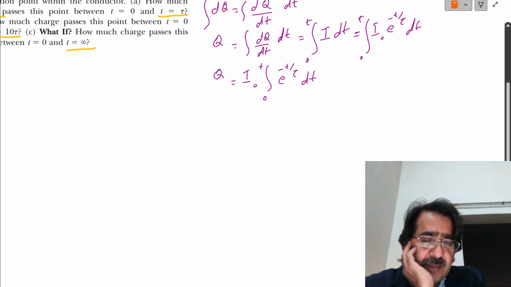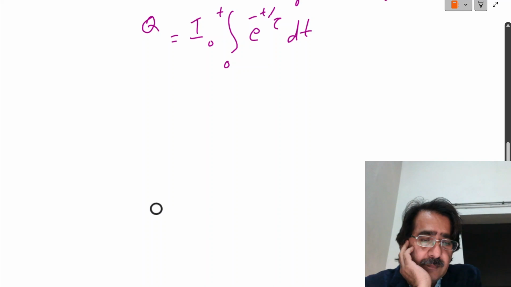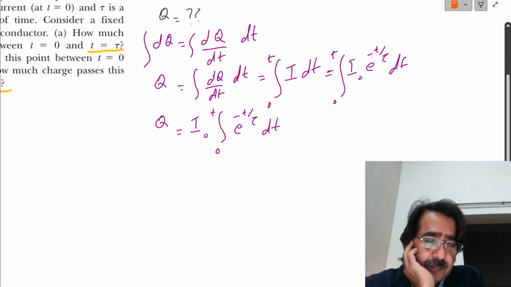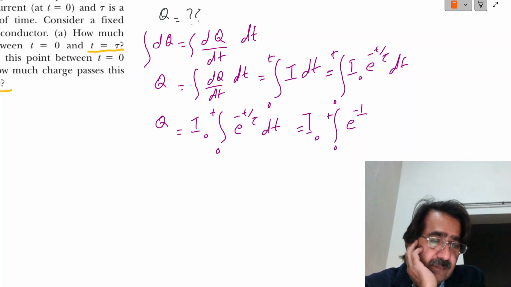As I have already explained, tau is a constant, so the constants can be separated from this.